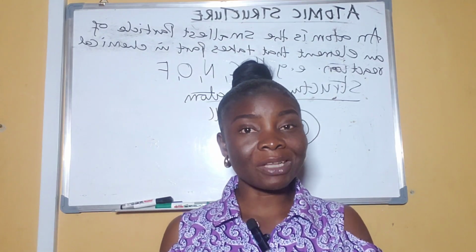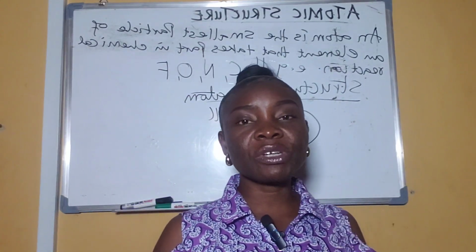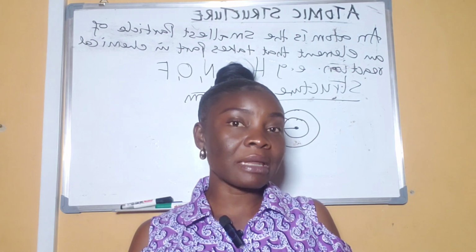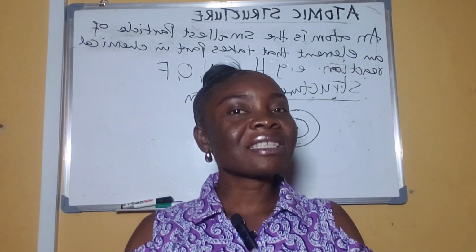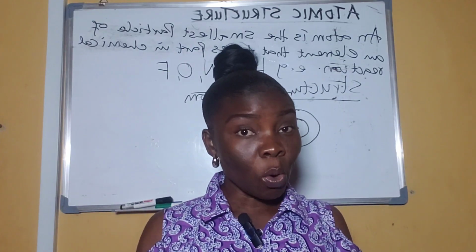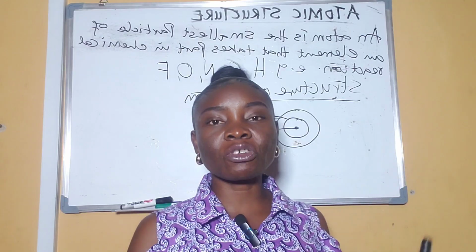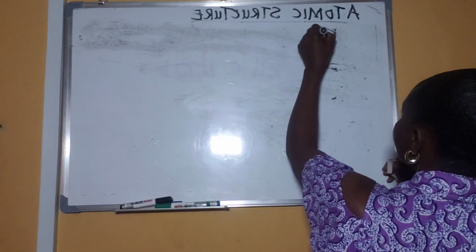An atom scientifically is said to be electrically neutral. What I mean by that is that an atom is neither positively charged nor negatively charged. As we discuss these subatomic particles, you are going to discover the reason behind that statement.